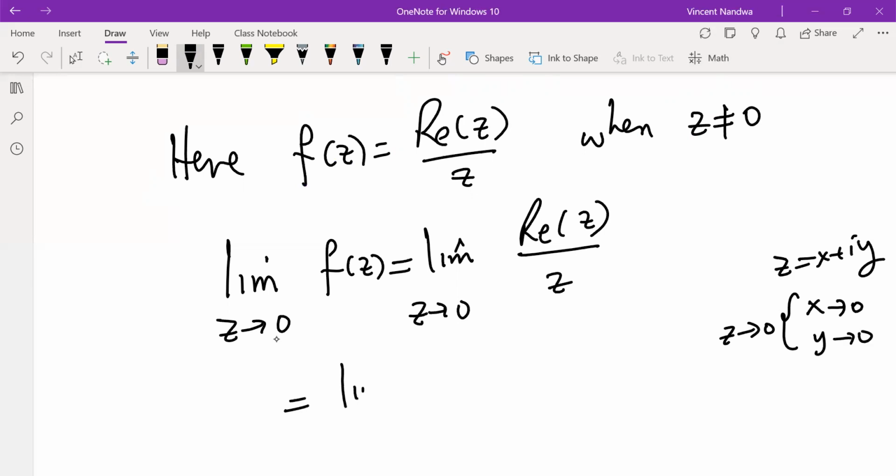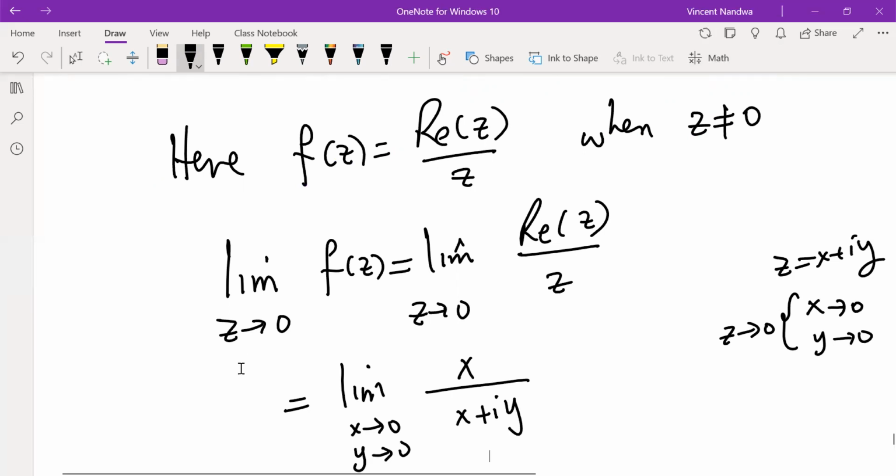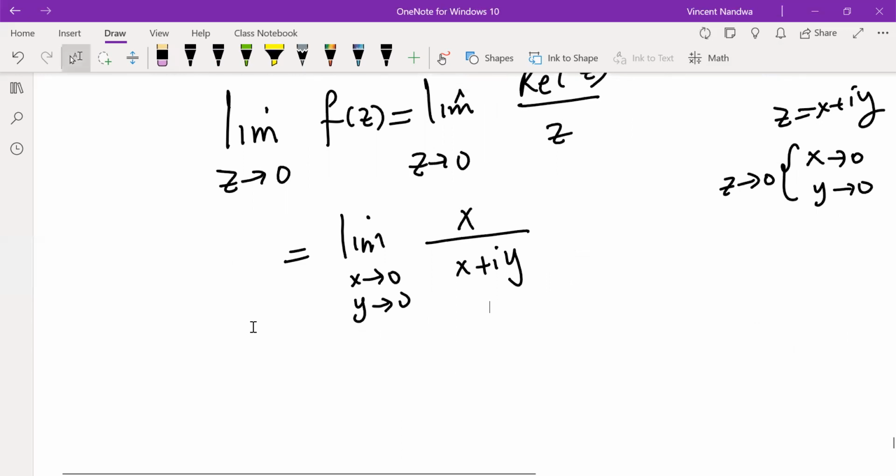So this will be limit as x approaches 0, y approaches 0 of the real part of z, which is x, over z itself, which is x plus iy. Now, if you remember the way we deal with limits of functions of two variables, this can be obtained by first going along the x-axis.